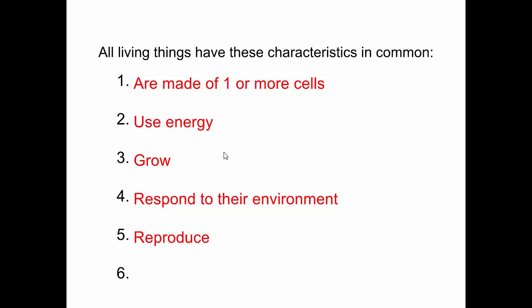All living species are capable of reproduction. And finally, all living organisms are adapted to their environment. So we call these six things the characteristics of life. We're going to talk about each one in a little bit more detail in the next few slides.